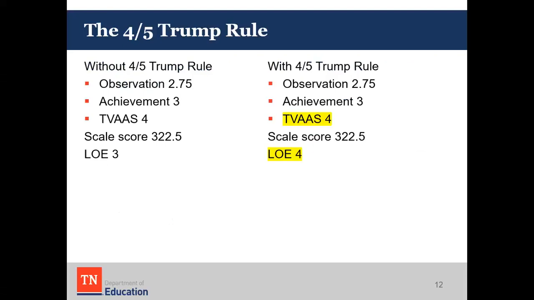Without the 4-5 Trump rule, so if you do not opt into the 4-5 Trump rule, the LOE of 3 that would be generated from these metrics would stand. However, if you opt into the 4-5 Trump rule, because the classroom level TVOS score is a 4, this teacher's LOE would bump to a 4.